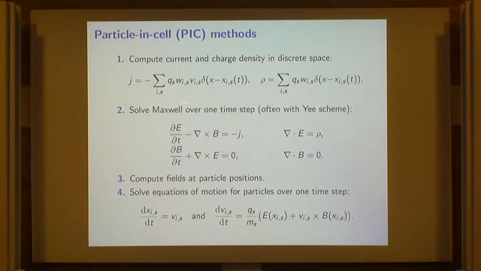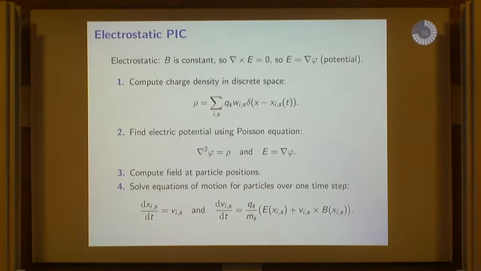You compute the current and charge density, then you solve the Maxwell equations, then you compute the fields at the particle positions, and finally you solve the equation of motion.